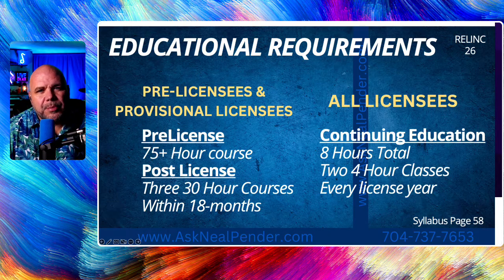Well, what's the point of you taking CE? You just got out of a 75-hour pre-licensing course where you learned literally all the rules and laws. So the Real Estate Commission says you get to skip your first June 10th deadline for CE. If you pass this class and get your license, let's say by February or March, you don't have to take CE by this coming June 10th.